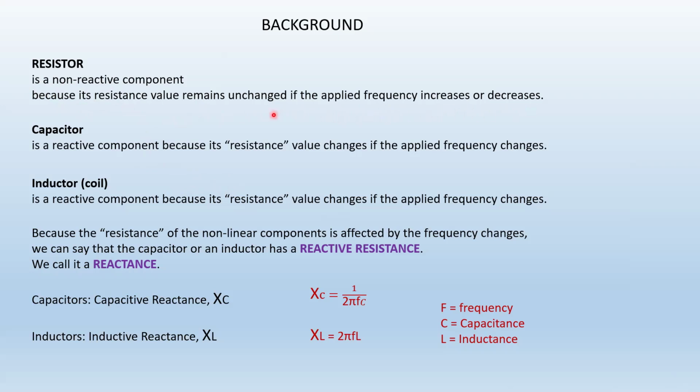A 100 ohm resistor, for example, is going to have 100 ohms resistance, or opposition to the current flow, whether you apply a DC signal to it, or if you apply the power in the form of alternating current or AC. And if you change the frequency of the AC, the resistor will still have the unchanged value of its nominal value, for example, 100 ohms. Okay?